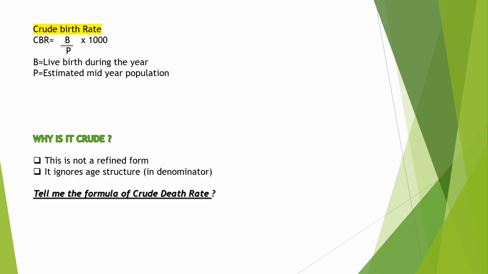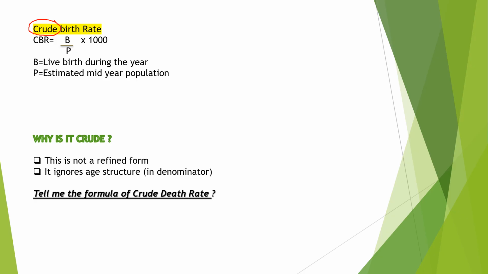So here you can find one new term, that is crude. Correct? Why is it crude? We know crude oil and refined oil. So crude, in a simple sentence, means this is not a refined form. Why is it crude? Because it ignores the age structure in the denominator.